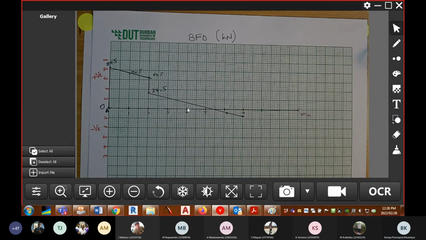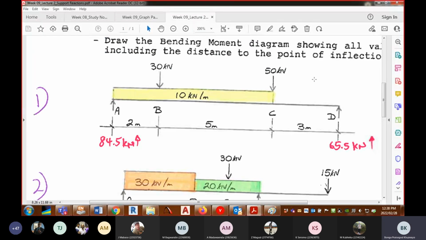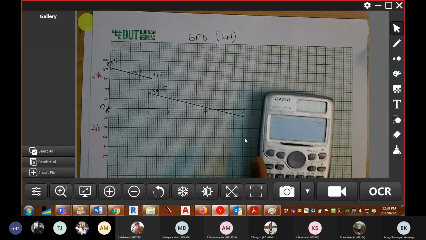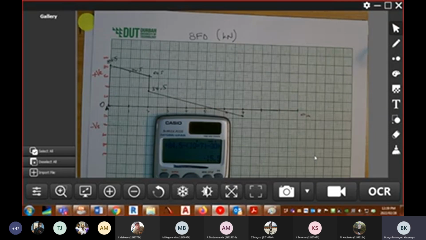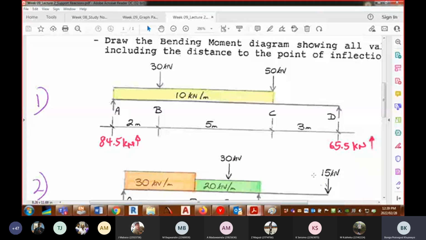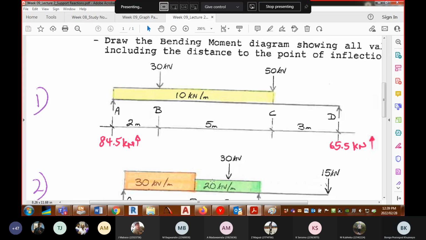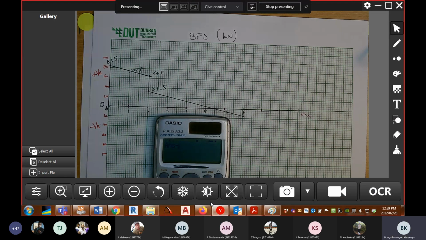And then you need to do C right. C right will then include the 50 kilonewton point load. So currently I am sitting at minus 15.5, and now if you include that point load of 50, then it's going to be minus 15.5 minus 50.